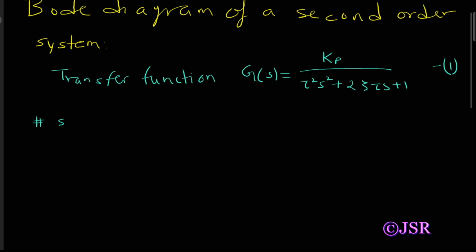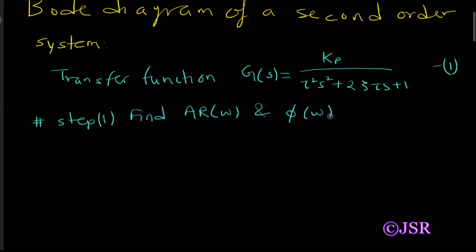So first step is to find the expression for amplitude ratio as a function of frequency and phase shift as a function of omega.